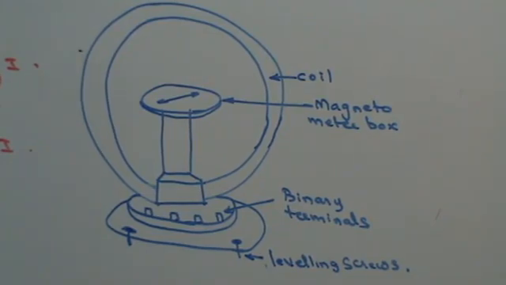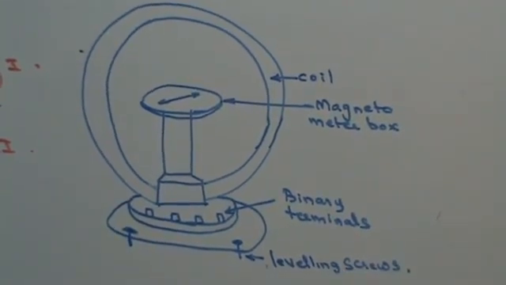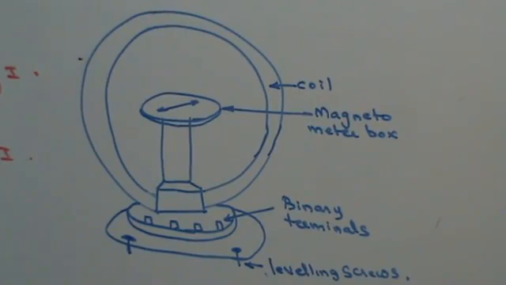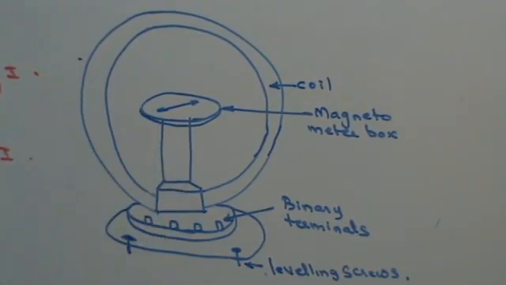Ordinarily, two or more coils are wound on the same frame so that we can use different numbers of turns. In the given figure, you have a tangent galvanometer with a circular frame which is fixed vertically on a heavy horizontal base, which is provided with leveling screws.